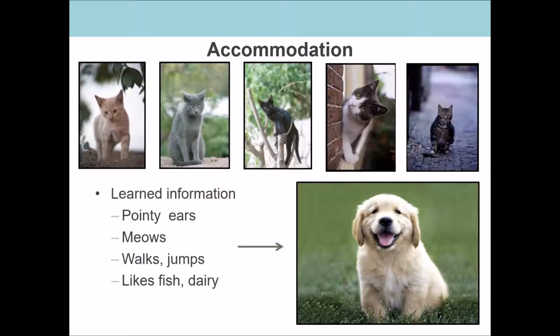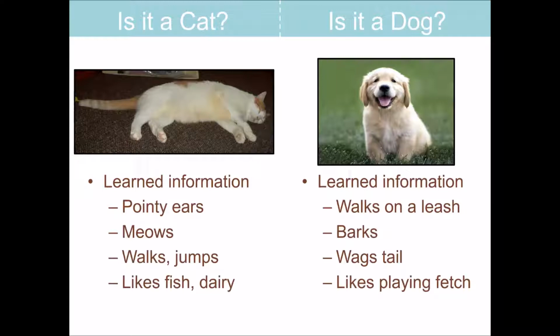And if we see that this new thing in front of us, this new furry thing, is so different from our category of cats, what we'll have to do is create a new category, and it will be called dog. So now every time an infant encounters a new animal, they evaluate that animal in relation to these existing schemes. So, you know, we encounter a whale. Does it fit into a cat category or a dog category? Of course not.